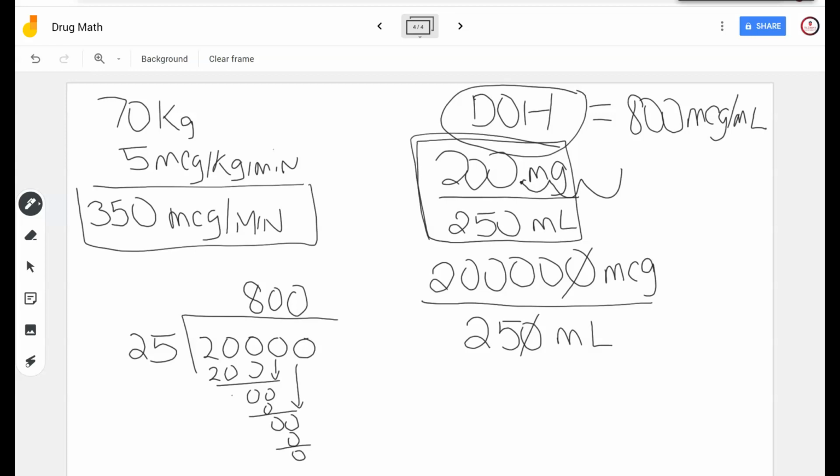It's a good reference point also. If you just memorize that 200 milligrams in 250 milliliters is 800 mics per milliliter, you can save yourself this whole math trip. Okay? Just a thought.